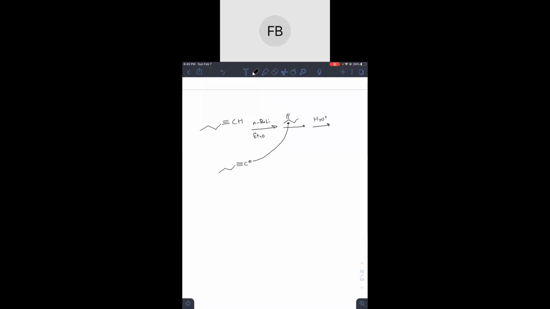And then in order for it to attack there, it needs to break that O. So this is what we originally had, and this now becomes an OH. And then attached to that, we're going to have a carbon that's triple bond attached to this. You should draw it out a little bit nicer if you have time, but this will do the trick. So it's just a way of making this into another nucleophile.